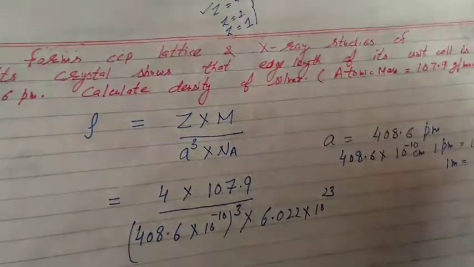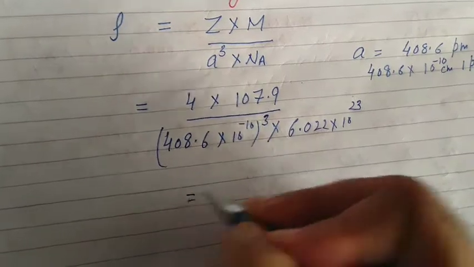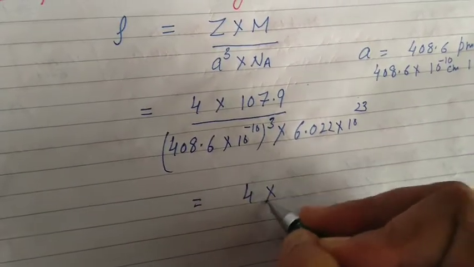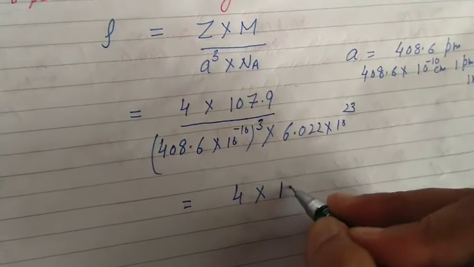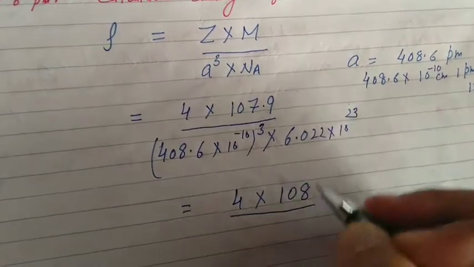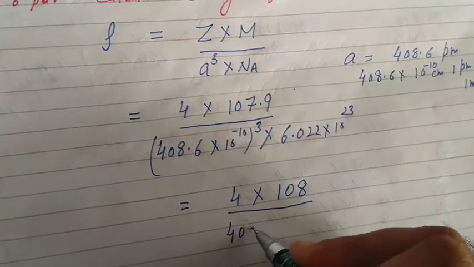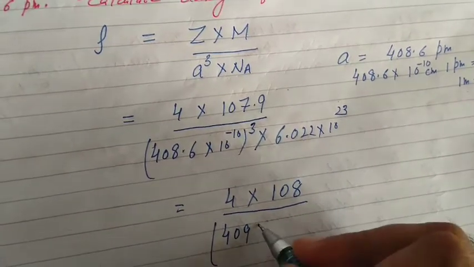Students, how to solve? These are very easy calculations. 4 into 107.9, we can mention it 108, upon 408.6, we can write 409 cube.